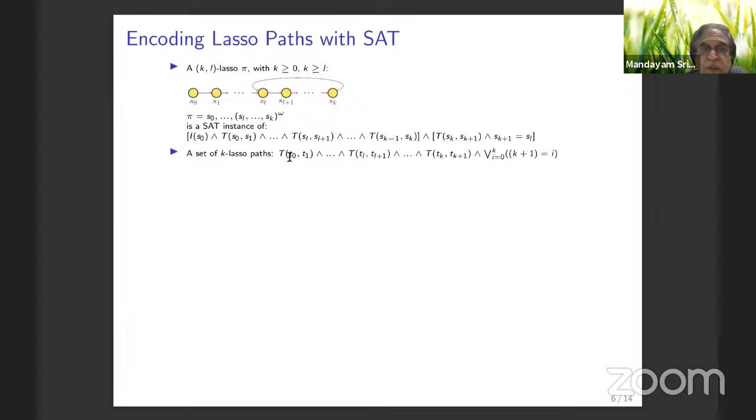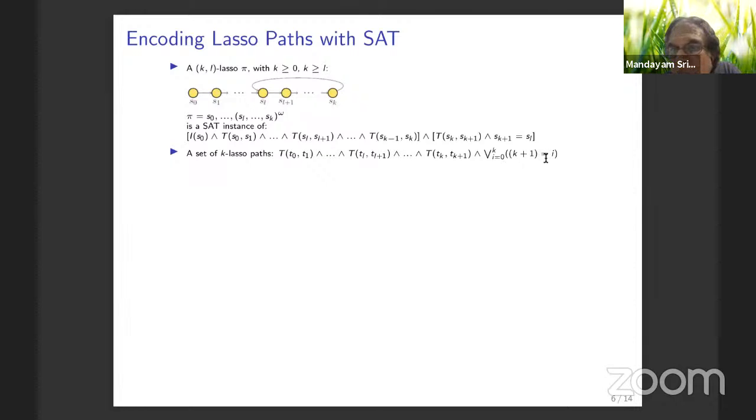I'm sorry, there should be an I0, IT0 is missing here. And there's a path from T0 to TK, and the TK plus 1, so K long path, and the K plus 1 state.